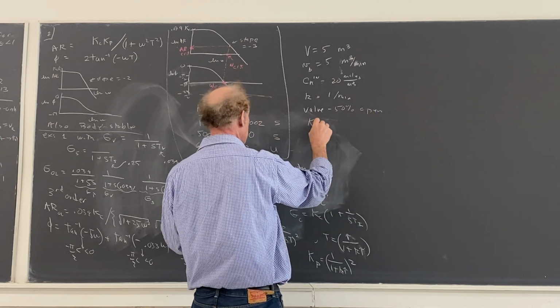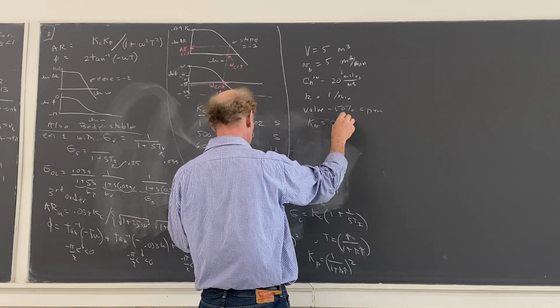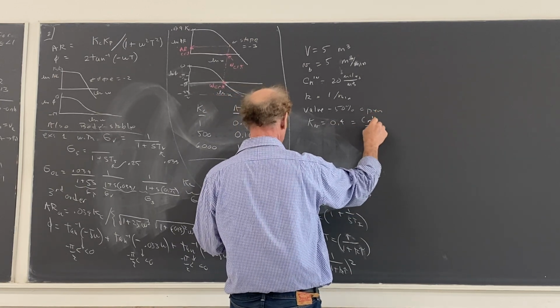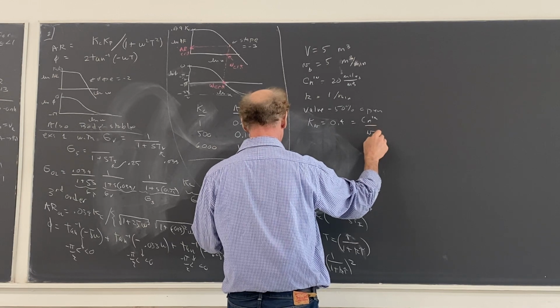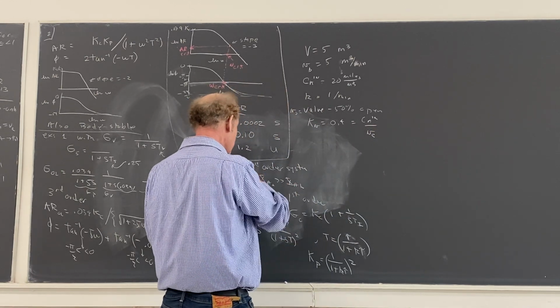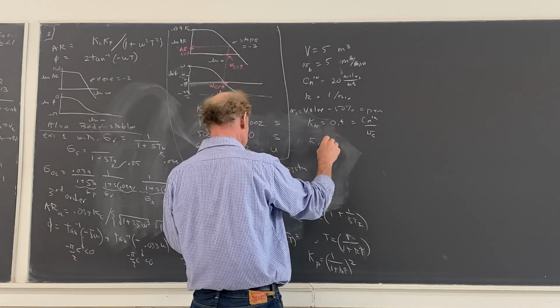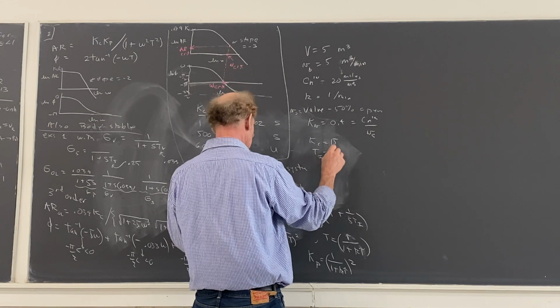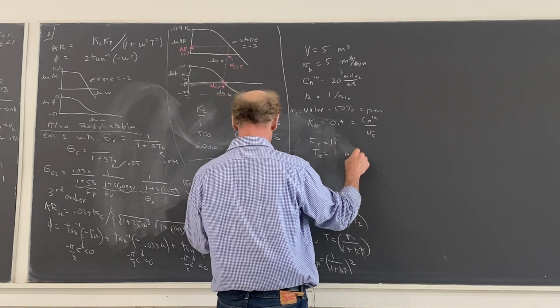So KV is going to be 0.4, which we know is CA in over VS. And I'm going to set Kc equal to 15 and tau equal to tau I equal to 1 minute.